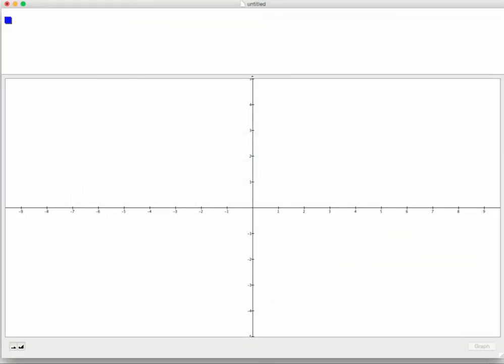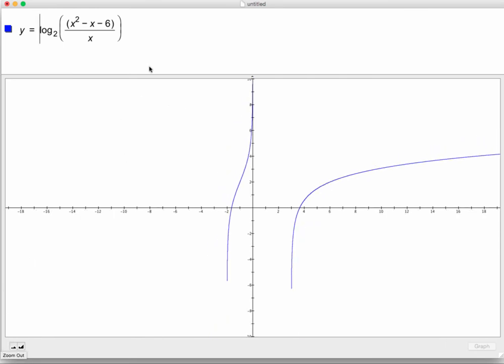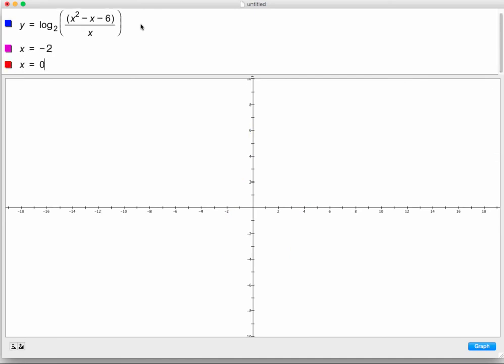So here I'm going to go to my keypad and pull up the inverse log functions, and I'm going to get log base 2 of the fraction x squared minus x minus 6 all over x, and that's what y is equal to. And if I look here, zooming out a little bit, I see some vertical asymptotes.